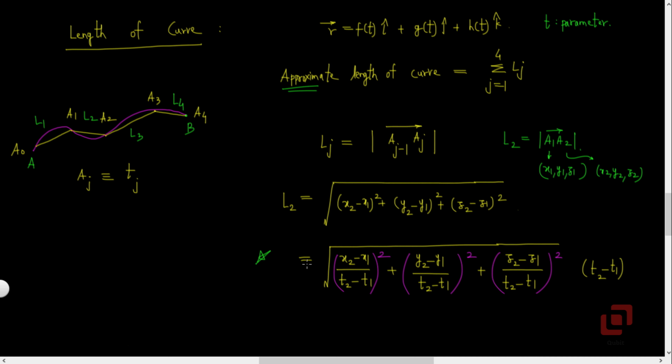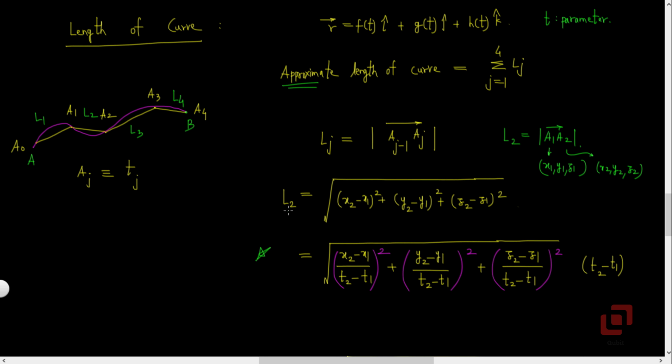If we do that, we'll get the following: the root of ((x2 − x1)/(T2 − T1))² + ((y2 − y1)/(T2 − T1))² + ((z2 − z1)/(T2 − T1))², into (T2 − T1). Just like we have developed the expression for L2, in general we can do it for Lj.